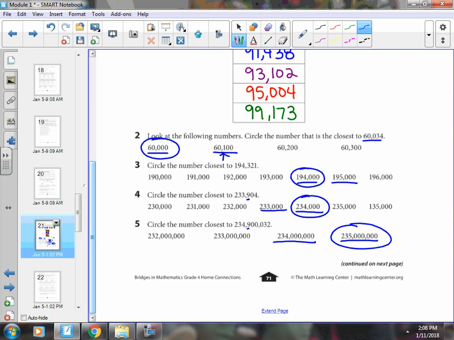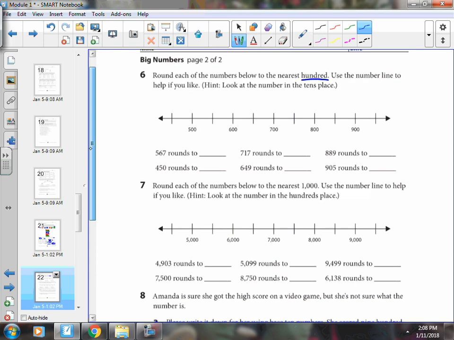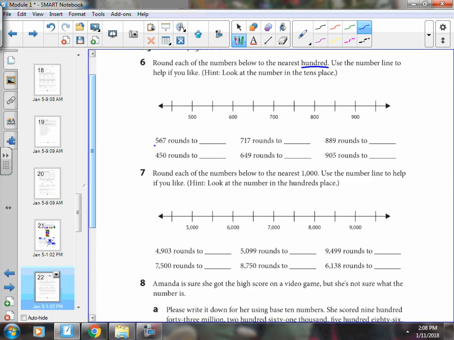On to page 72. Number 6 says round each of the numbers below to the nearest 100. Use the number line to help if you would like. So you don't have to do anything with the number line, but sometimes if you're confused, putting a point on the number line can tell you which one it's closer to. For example, 567.